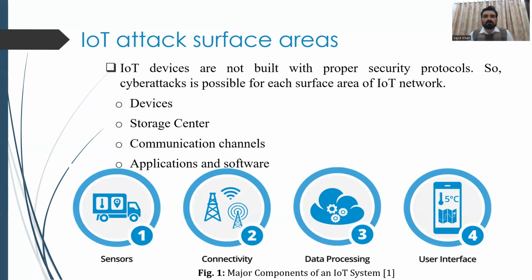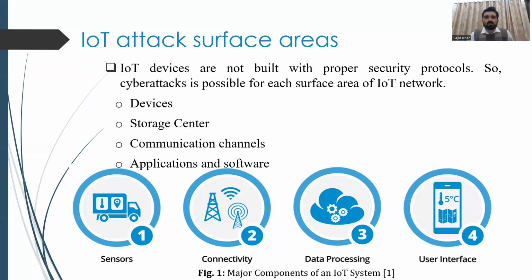So most of the time the attacks on IoT devices occur over the devices, but at the same time storage centers are also vulnerable to attacks, and the communication channel, either wireless or LAN or some other way, people can get access to our LAN. If it's LAN, then they can pass some things over the LAN cables and read whatever we are transferring. They can also monitor that, and on the other side, the application and software side also.